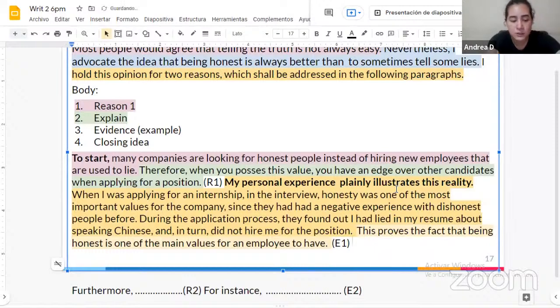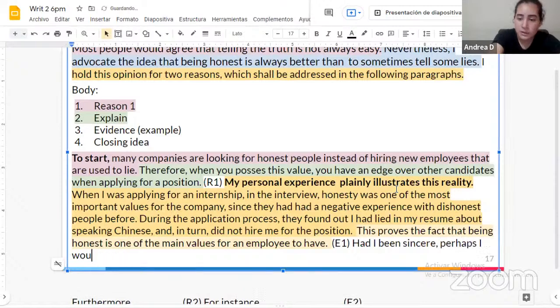You can even do an inversion and say, hadn't I lied in my resume, or maybe just something simple, had I been honest, or had I been sincere, let's say, maybe or perhaps I would have been, or I could have been, gotten the position, or I could have gotten the opportunity.